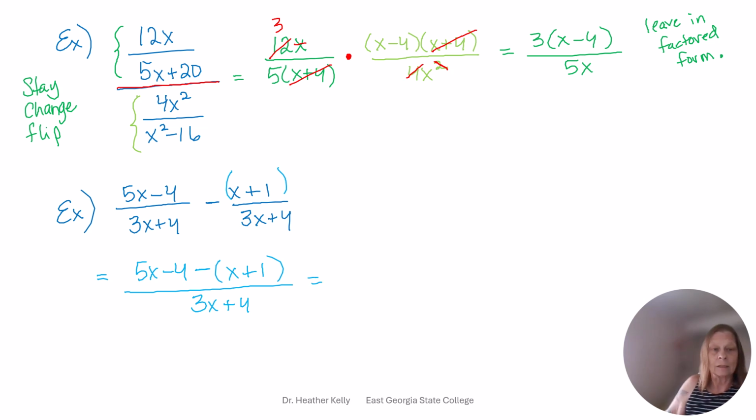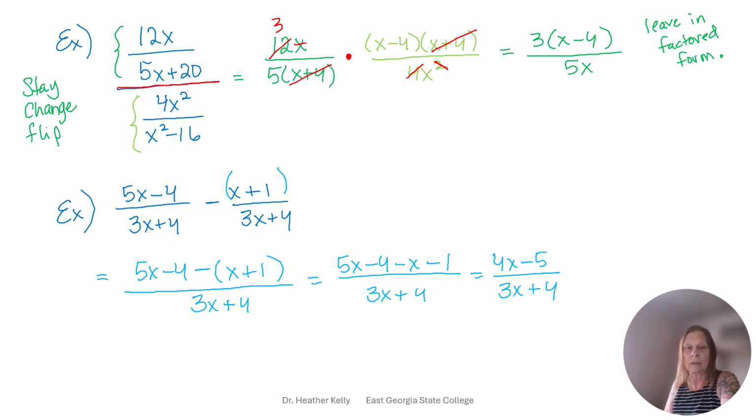Now we'll clean this up here, and we've got 5x minus 4 minus x minus 1 over our 3x plus 4. So this gives us (4x minus 5) over (3x plus 4). Excellent. Nothing factors there.